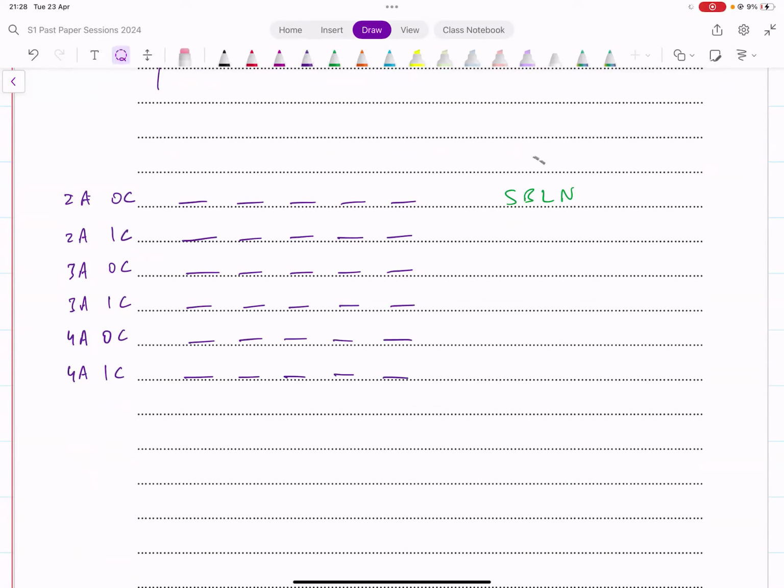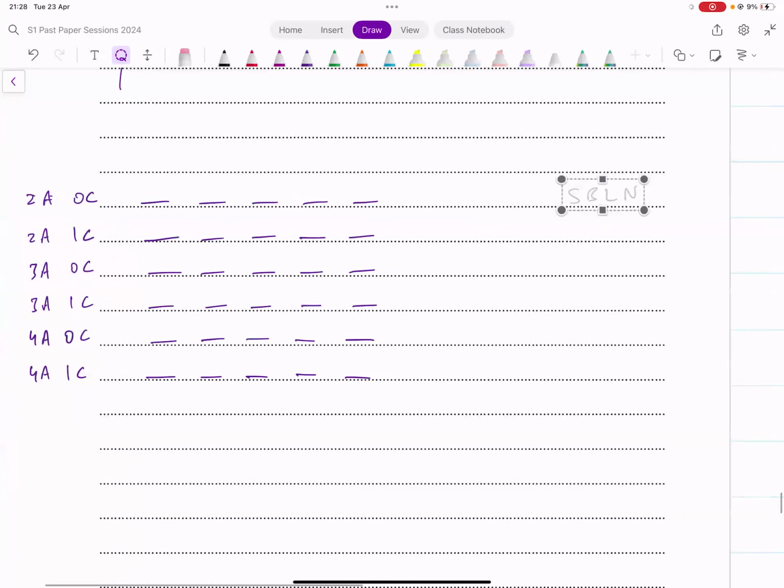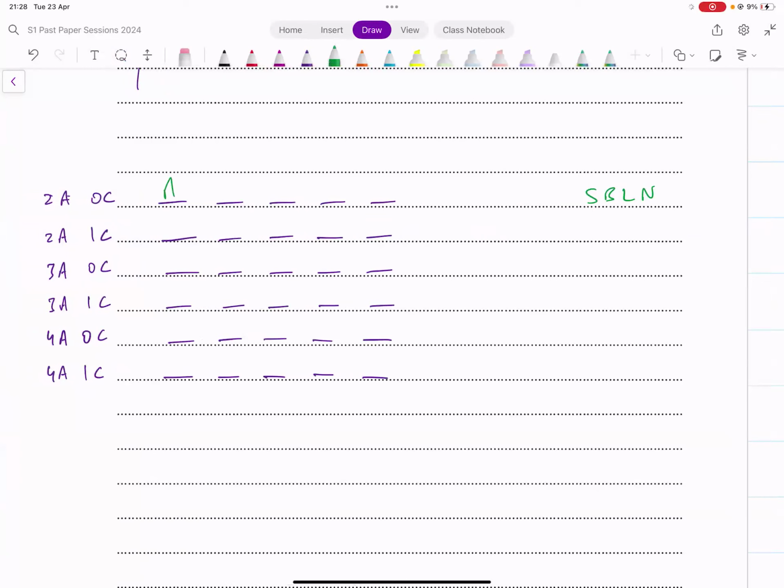Now, in the first case, we have 2 A's and 0 C's. So these are already chosen, already filled.